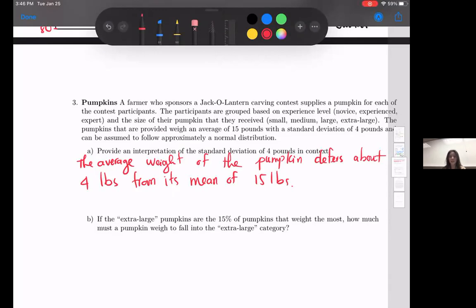Read it, and see if it doesn't make sense to you. It's a very classic mistake, and I'm glad you said it. Do you have to include 4 pounds above or below? No. I'm talking about standard deviation, not the z-score. If it were z-score, then I would ask you to do that. But we're not doing z-score.